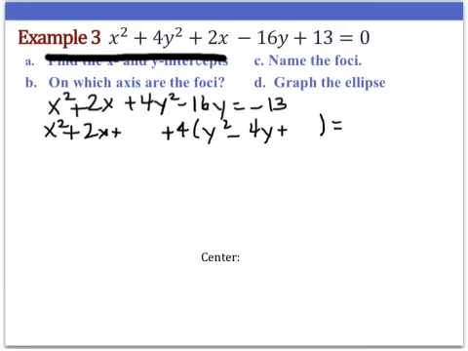Now, we have our negative 13 on this side. Remember, whatever we add to the left side must be added to the right side. So, to complete the square of x squared plus 2x, we need to take half of 2 and square it. Well, that's a 1. So we'll add the 1 there, and add 1 over here also. Now, when we complete the square in the parentheses here, we've got a 4 here.